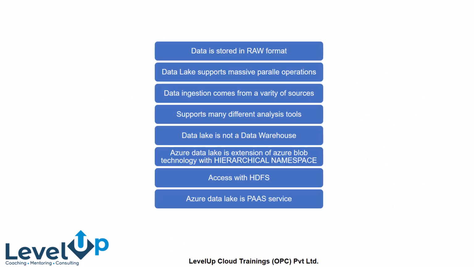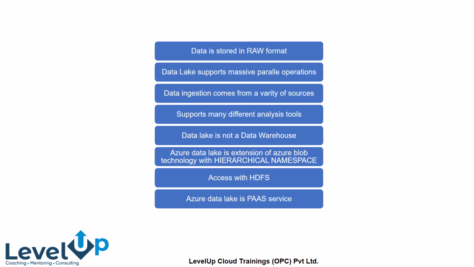Now let us see a couple more features of a data lake. As we discussed, data in a data lake is stored in a raw format. Now, a data lake supports massive parallel operations. That is one of the features of a data lake. It supports massive parallel operations, and data ingestion comes from a variety of sources.